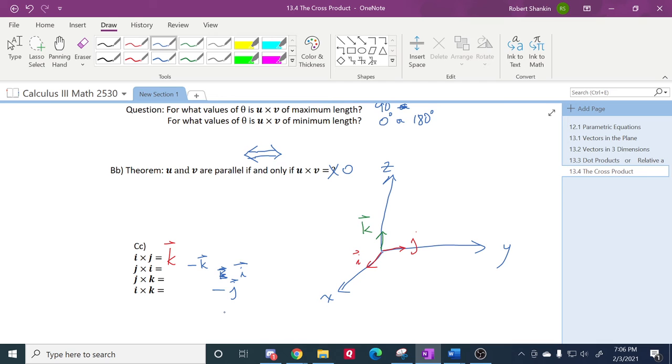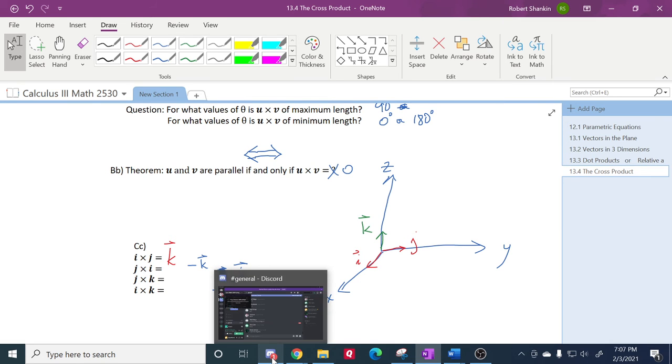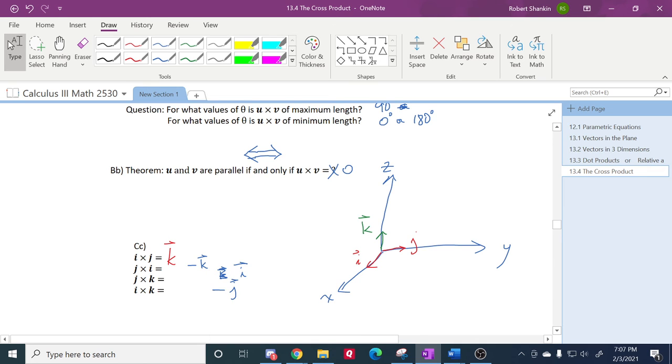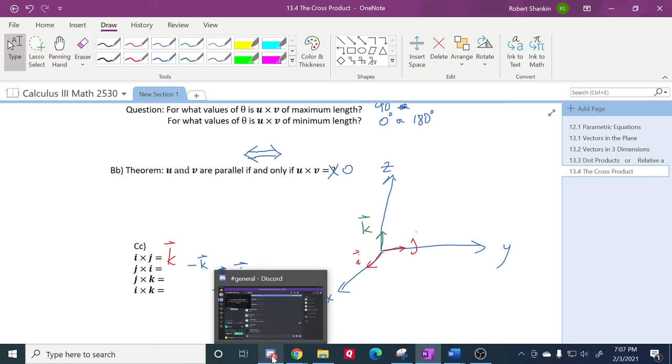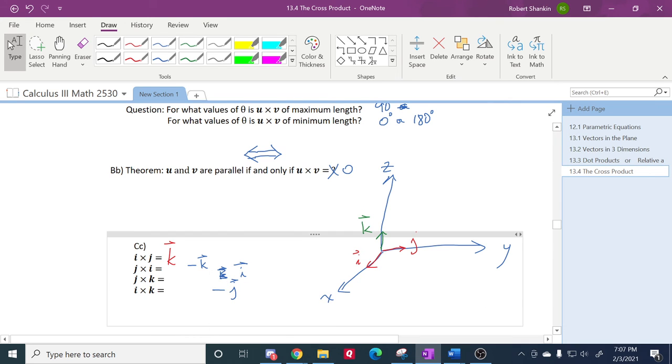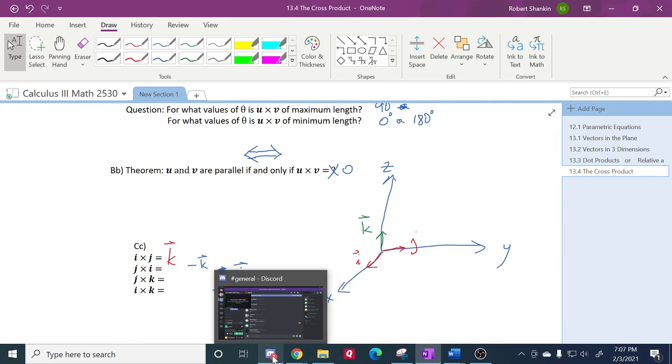Alright, let's go to Discord, and everybody tell me how they're doing with this right-hand rule. Are you mostly confused? Pretty much got it? Where are you at on that? Let me see.